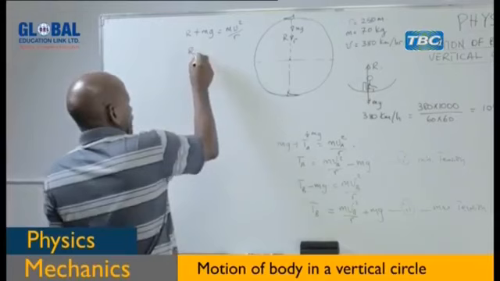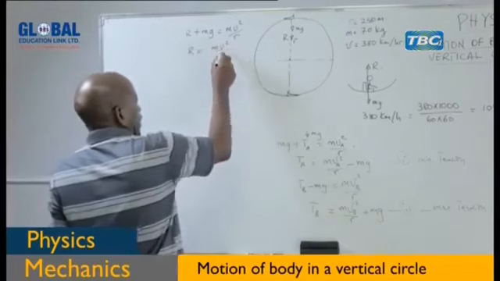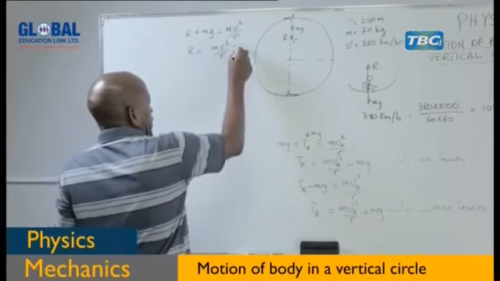So that the reaction R will be equal to mv squared over R minus mg.